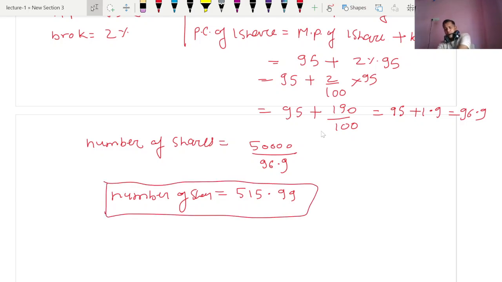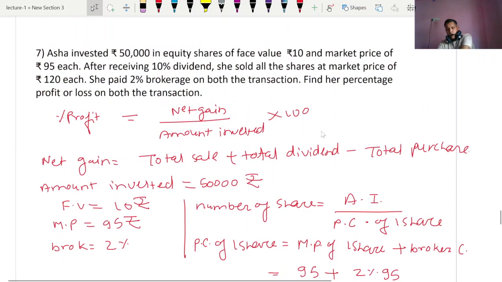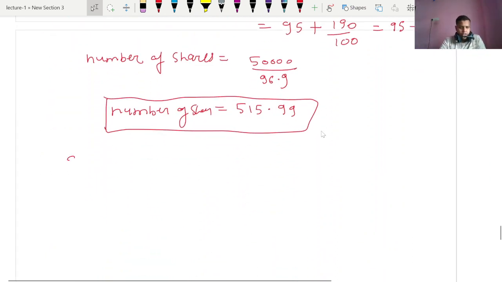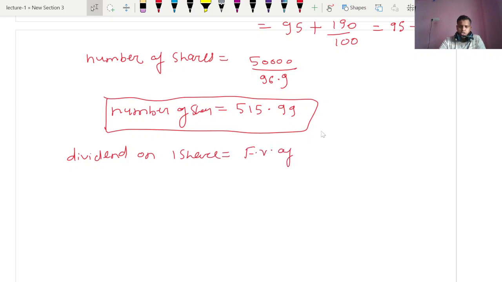Here, what we want is total dividend and total sale. Total purchase, we know, is 50,000. To find total sale and total dividend, first of all you have to find the dividend on one share. Dividend on one share is equal to face value of one share multiplied by rate of dividend, correct?